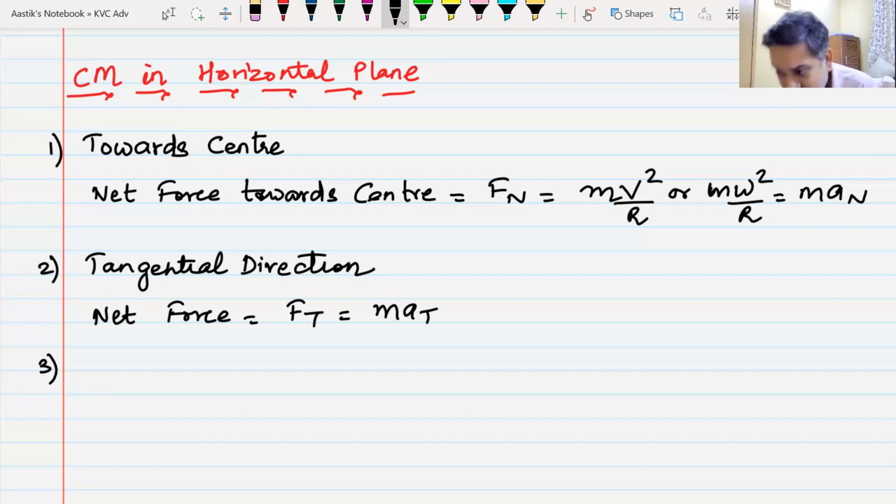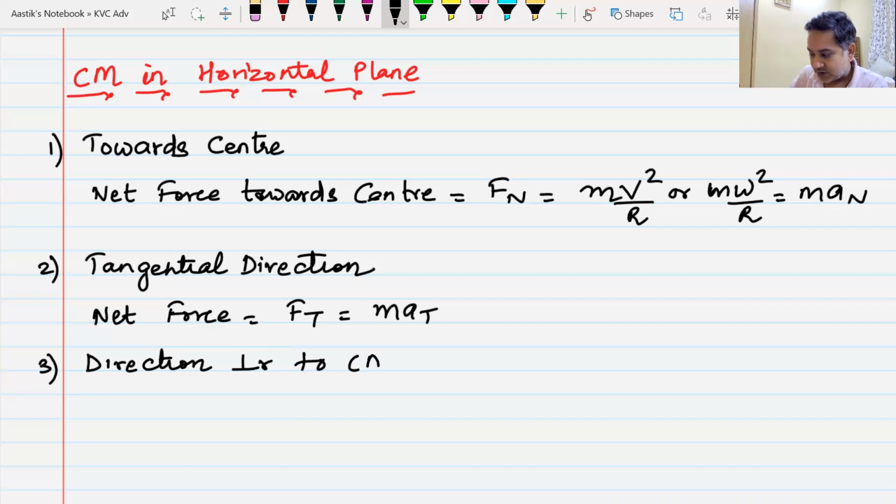Third equation, if required, where will you make it? In a direction perpendicular to circular motion. Do we understand this? Yes, sir. And in this direction, nothing will happen because circular motion is happening here. So net force in this direction will always be equal to 0. Do we understand this?